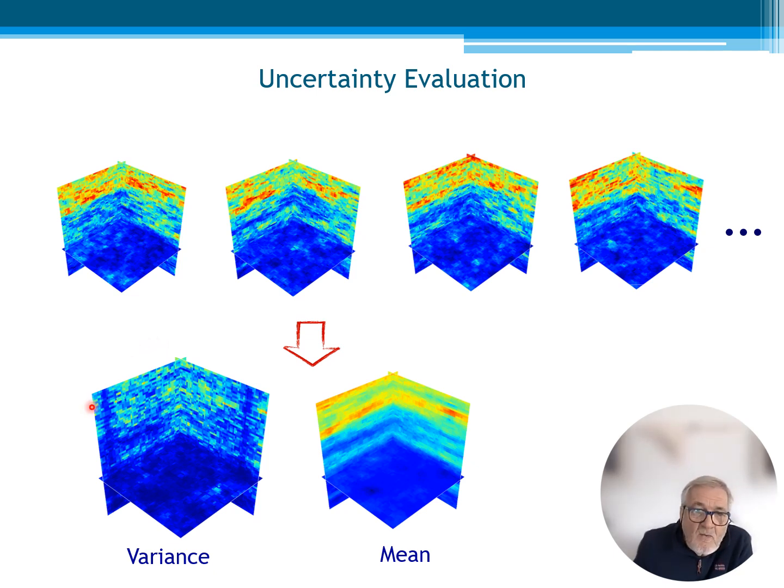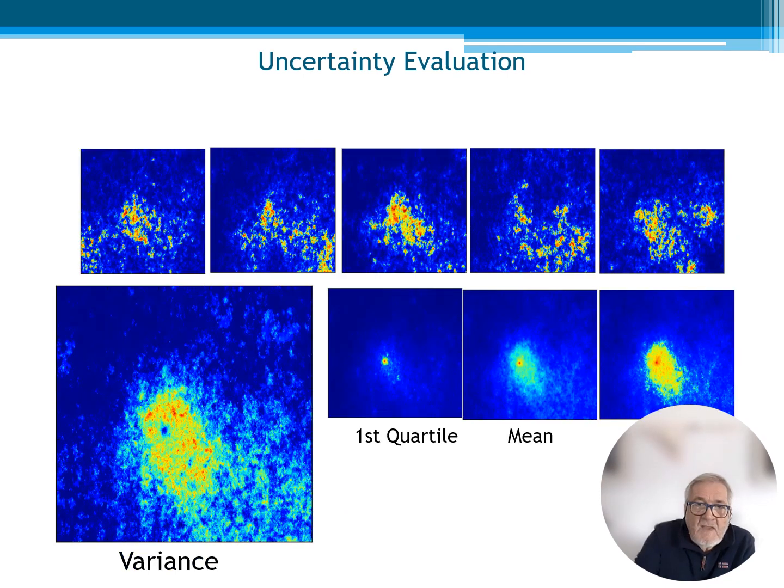And you can see the local areas of high uncertainty, with more variability of the values. As you can see, the high values of porosity also correspond to high uncertainty in this case. This is another example of 2D simulated models of soil contaminant. We have here the generated realizations and the mean, first quartile, third quartile, and the variance.